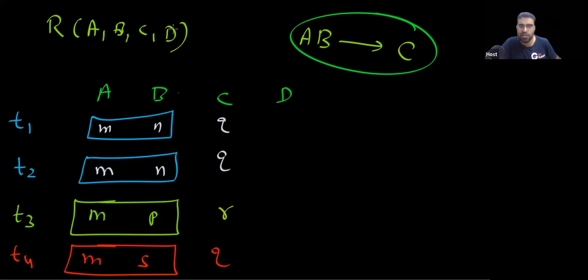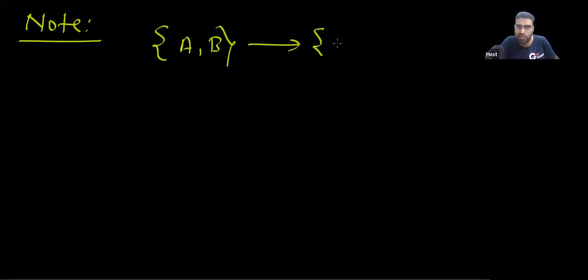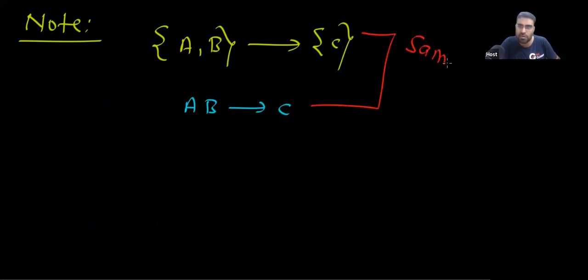Is this point clear? Now, let me tell you one thing. This set of attributes determines this set of attributes, and you can also write it like this: AB determines C. These two things are the same notations. But what is the formal one?